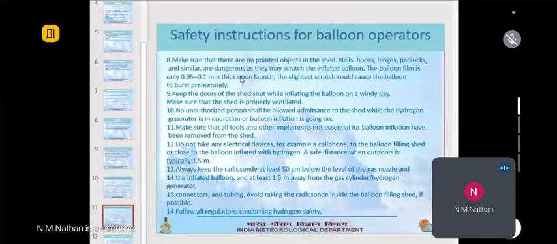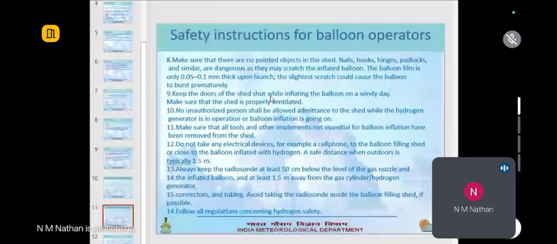To avoid that, ensure it does not touch your bare hands; use cotton gloves, etc. And no dust particles should attach to the balloon, at any cost.